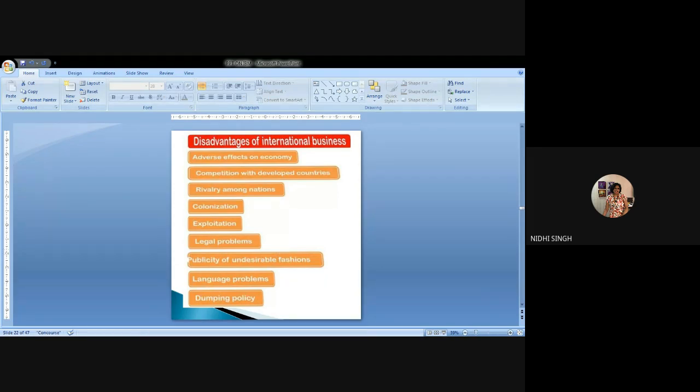What does colony mean? A group of people living together. Yeah, a group of people. So colonization, why is it a disadvantage? It is basically taking control of a particular area or a group. A particular area or group will be controlled by the other country.